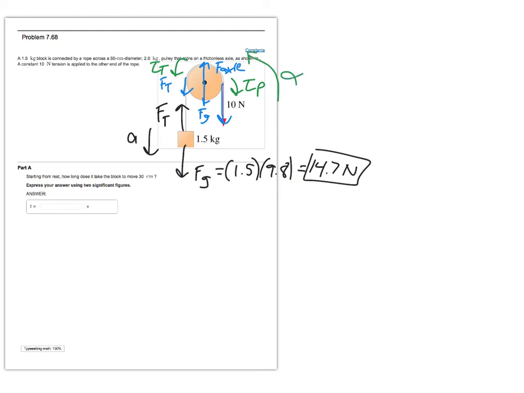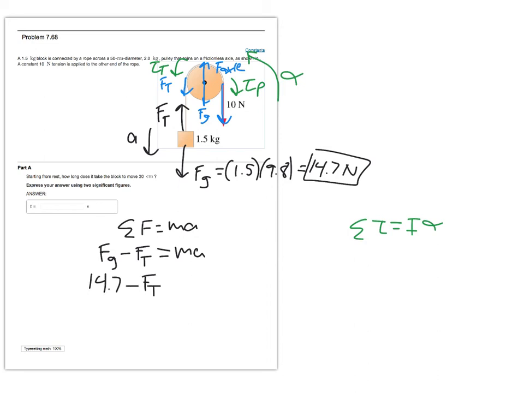So keeping that in mind, I'm going to set up my F equals ma for all the forces acting on the box, and my sum of the torques equals I alpha for all the torques acting on the pulley. On the box, making down the negative direction, I'm going to have Fg minus Ft equal to ma, so 14.7 minus Ft equals 1.5a.